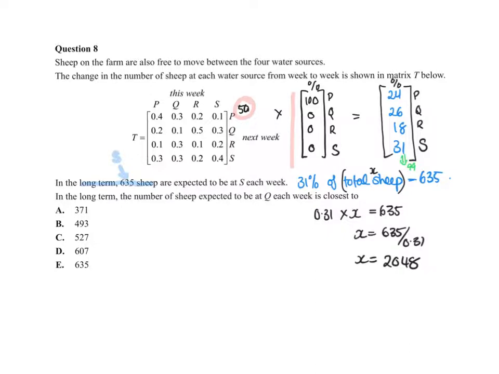Then we want to look at Q. So Q says it's 26%. So 26% of the 2048 will equal Q. So 0.26 times 2048 will equal Q.